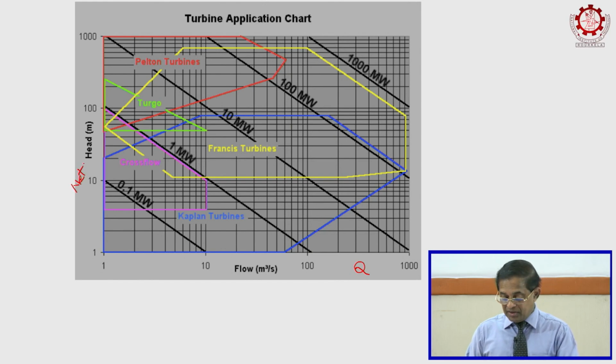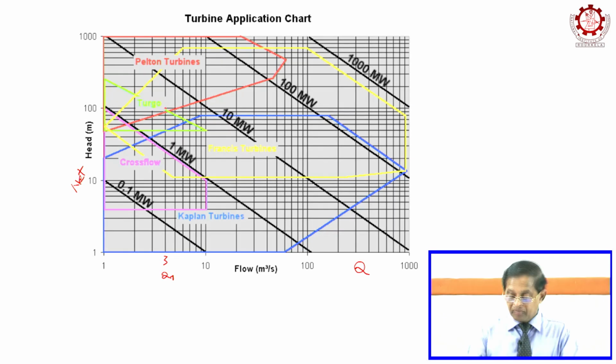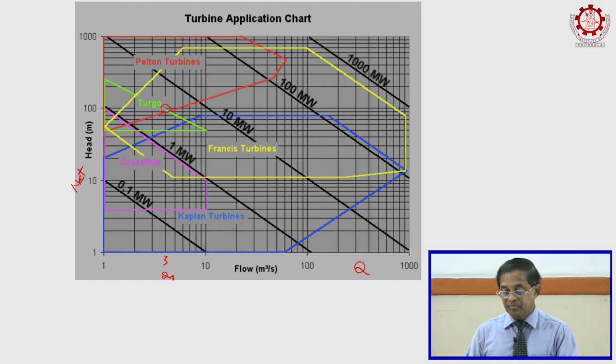This is in logarithmic scale. If our project has a flow rate QR of, say, 3 cubic meters per second, and the head is, say, 100 meters, then you come to a point somewhere here. And now you can see what type of turbines are suitable for your location, because this chart shows what type of turbines could be applicable.